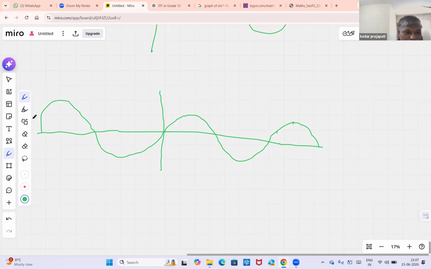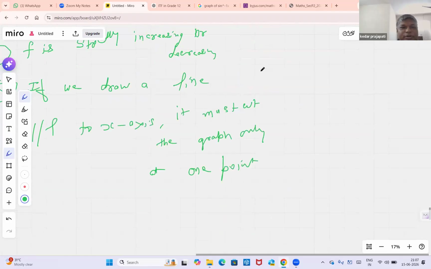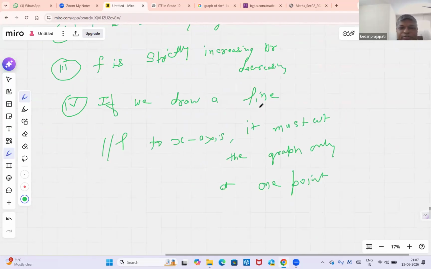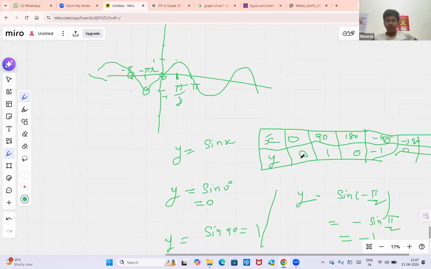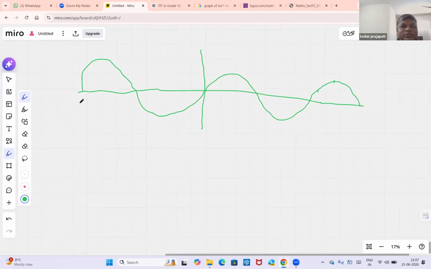When you draw, what did we say here? One property: if you draw a line parallel to x-axis, it must cut the graph only at one point. Right? So let's assume you're drawing a line, Dheeraj, from here, parallel to x-axis.